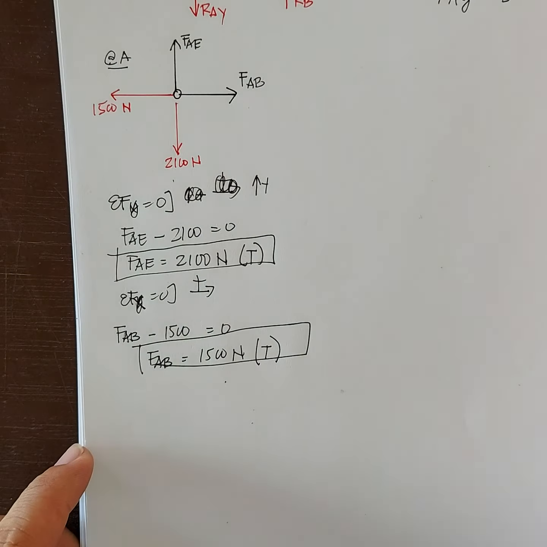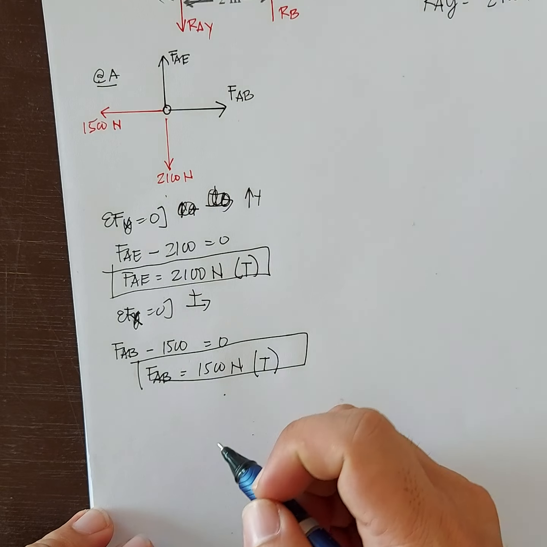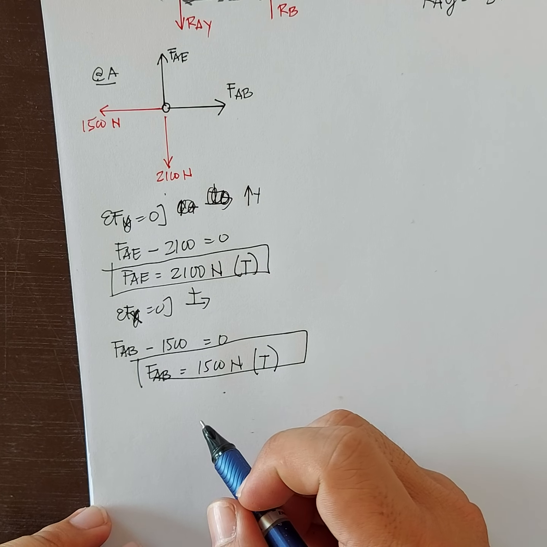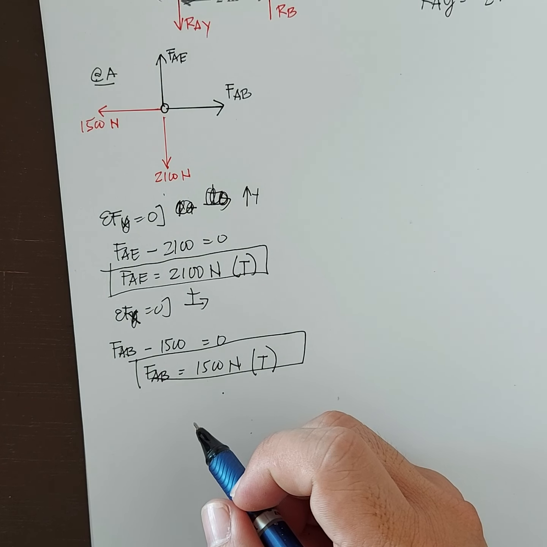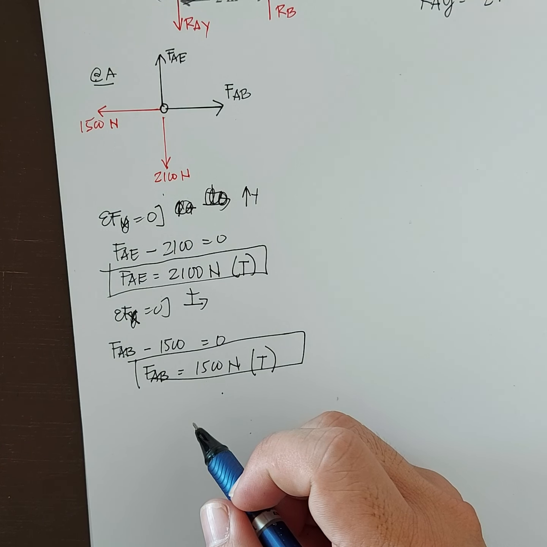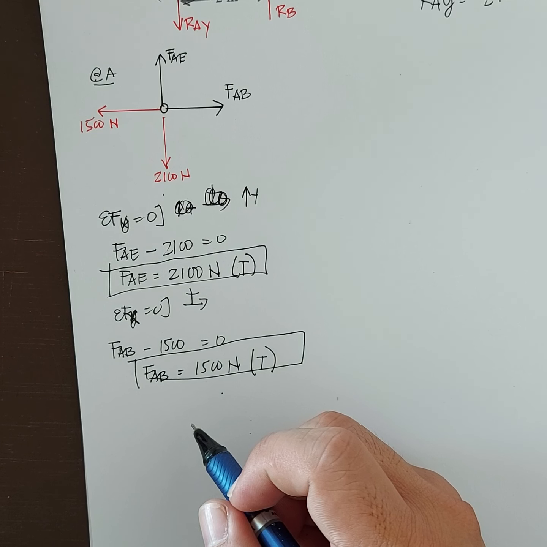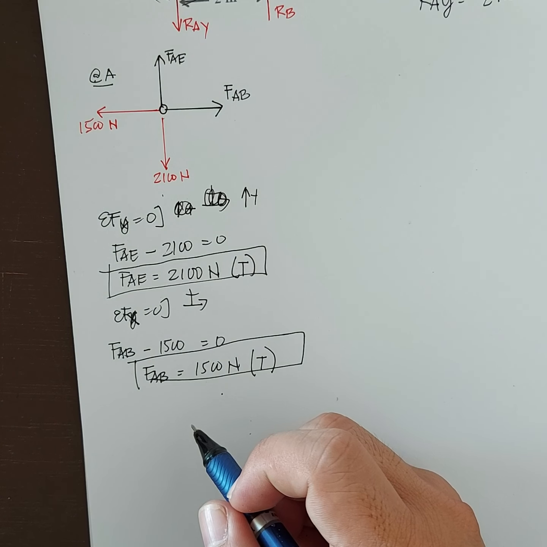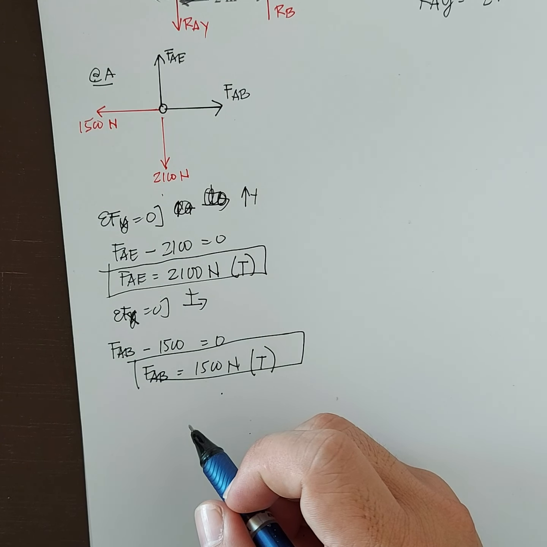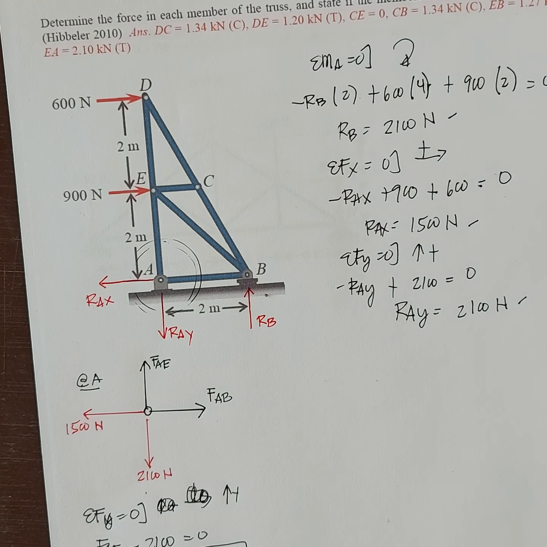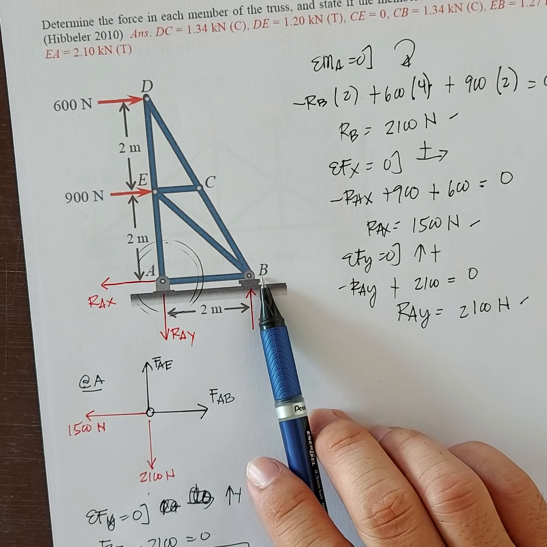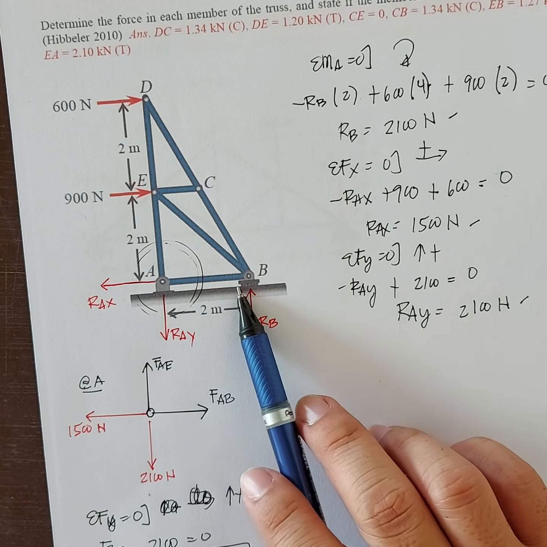Okay. Okay? Okay, so next, we can now proceed to saang joint naman tayo. So, saang joint ang gusto nating isunod? So, maybe we can proceed to joint, pwedeng joint B. Sa joint B, pwede na kasi alam na natin yung FAB.